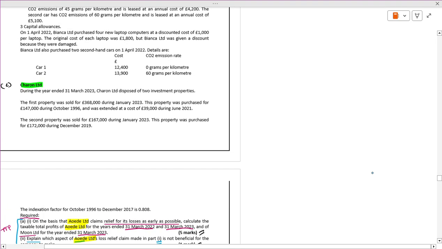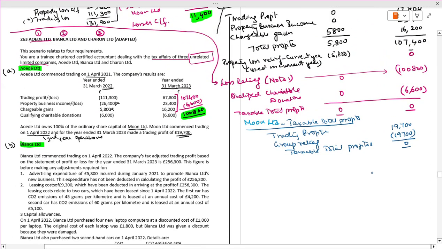We have not taken qualified charitable donations. Means it is not beneficial to Aoede to make the loss relief claim against total income.